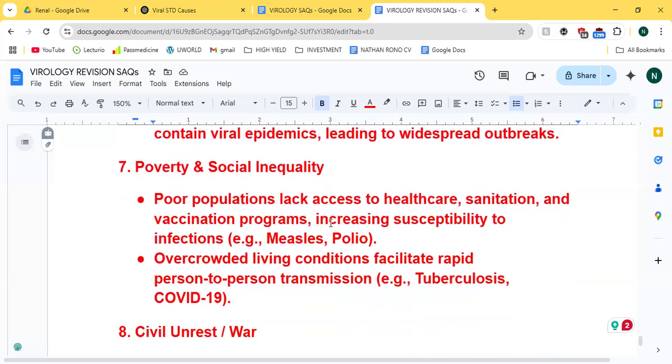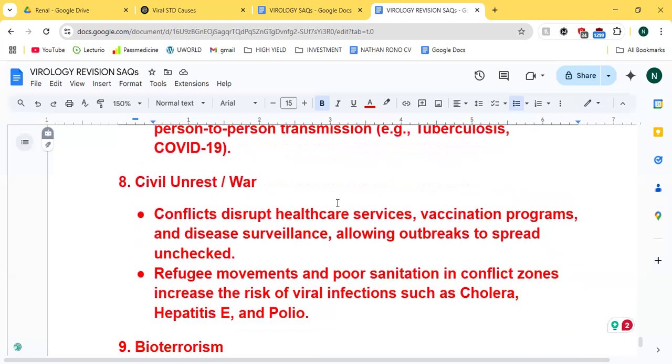Then poverty and social inequality. It's true. You can imagine you live in maybe a 1-bedroom house with maybe 10 people, so diseases that are spread via the respiratory system can easily be transmitted. And definitely the poor have a lack of access to healthcare. Then civil war, definitely.